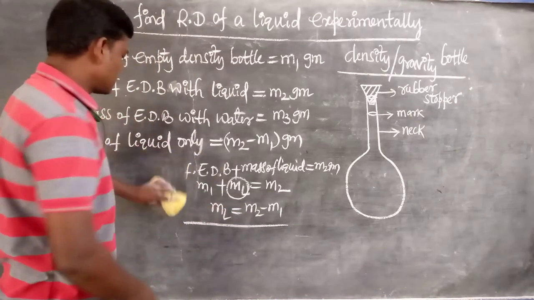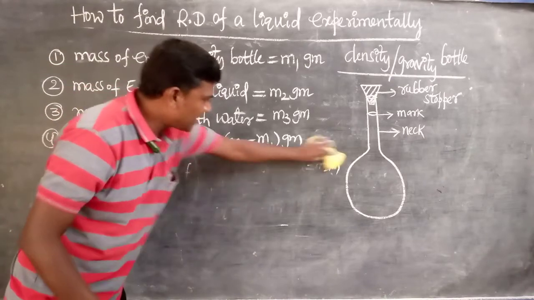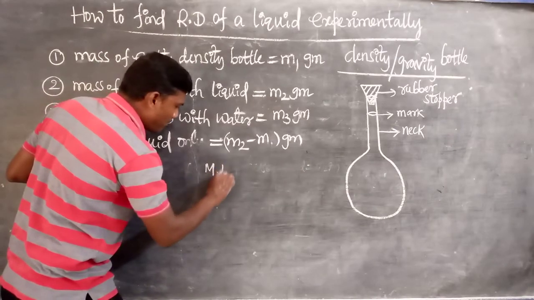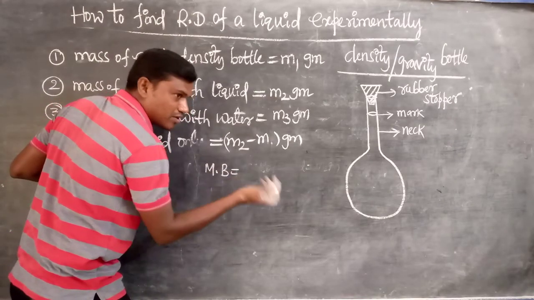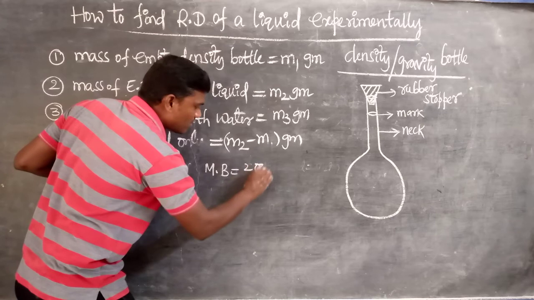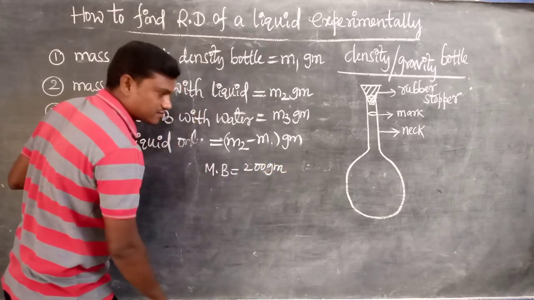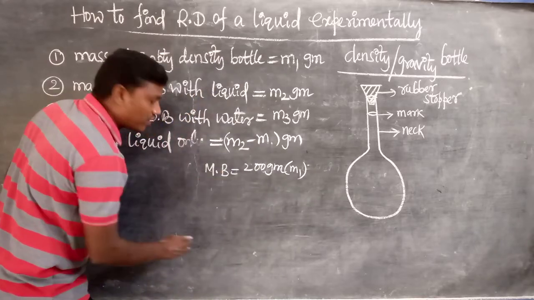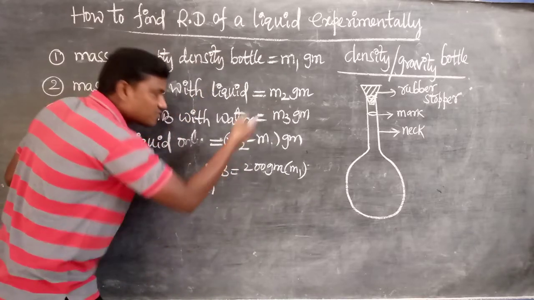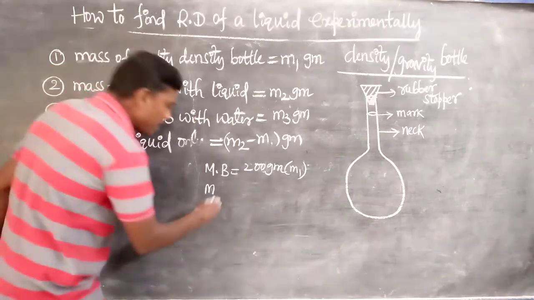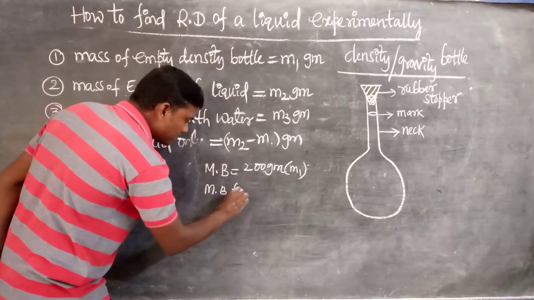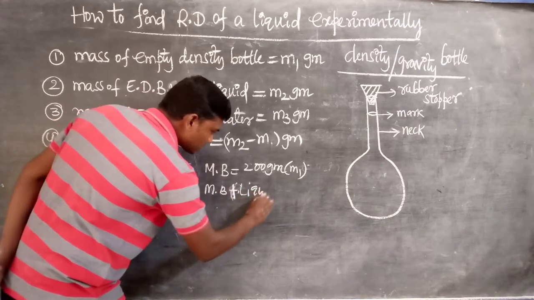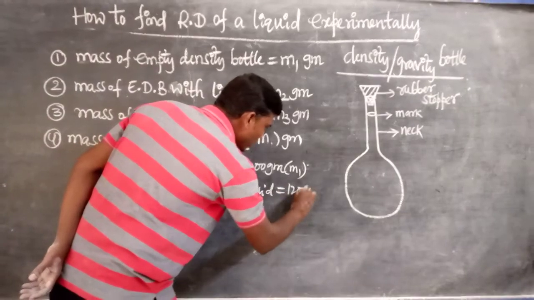Like this. In our previous example, the mass of the bottle initially before filling the oil, for example 200 grams, we say as m1, the mass of the bottle only. Next, the bottle is filled with liquid, so the mass of the bottle plus liquid in total is 1200 grams.